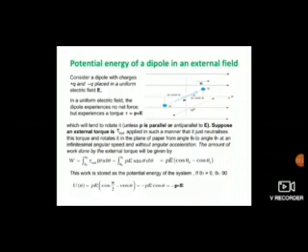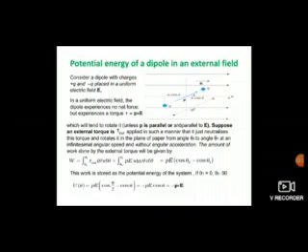Now, the amount of work done by the external torque is tau external into d theta. Tau external is equal to the torque experienced by the dipole, that is PE sin theta d theta, with limits from the angle theta naught to theta 1. Solving this, we get the final expression by integrating: PE (cos theta naught minus cos theta 1).